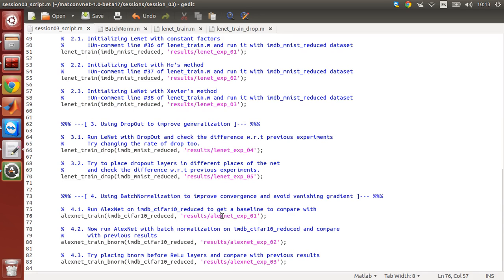So what this operation is trying to do is to make the data always have unitary covariance.